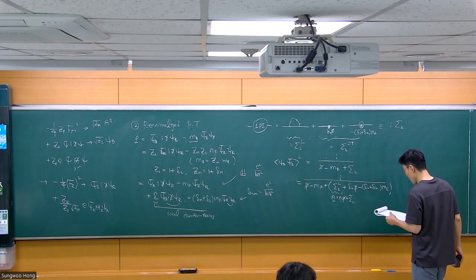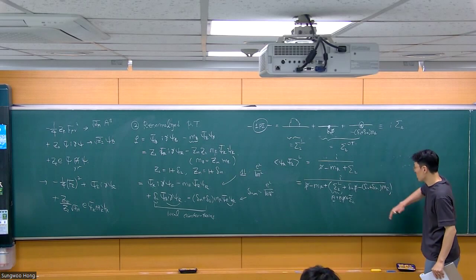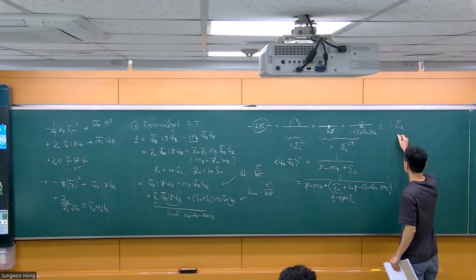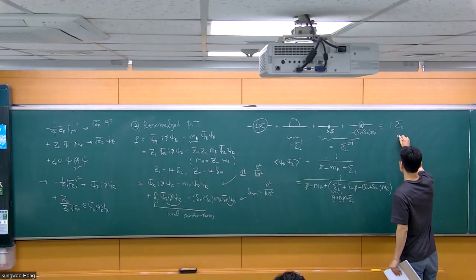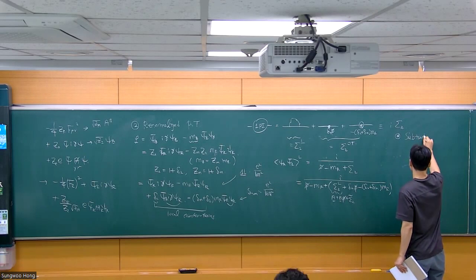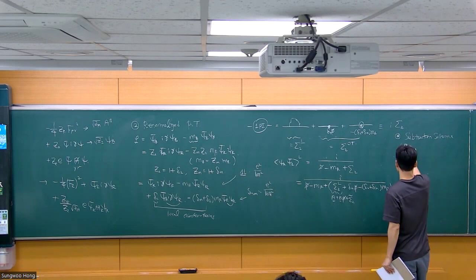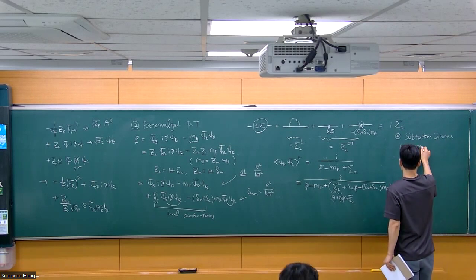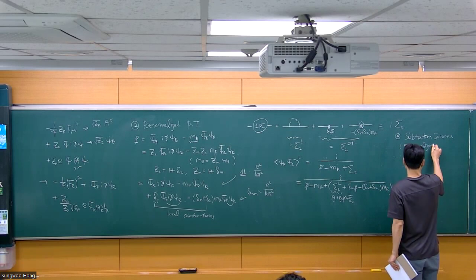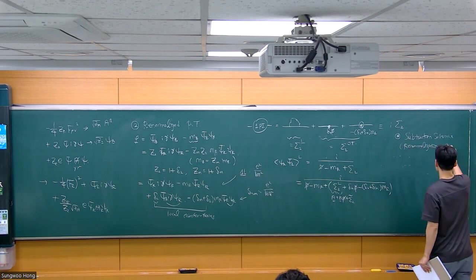Okay, so I already talked about possible ambiguity in terms of the finite piece, and so we have to talk about the next topic, which is what's known as the subtraction scheme, or there might be a very subtle difference, but I don't care, renormalization conditions.